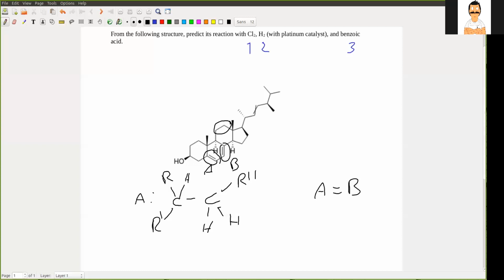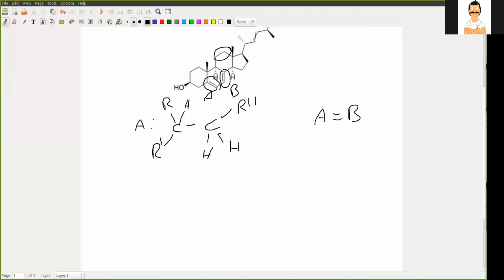Reaction 3 is a little different. It's involving benzoic acid. So that isn't going to involve sites A or B. Benzoic acid is going to react at site C. Okay. And at site C, we can zoom in, where we have a carbon, and that carbon is attached to two things. Let's call this R, and this side is R prime.